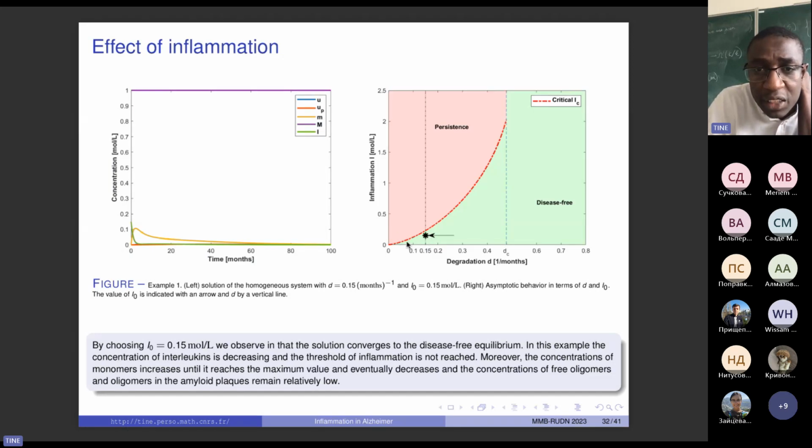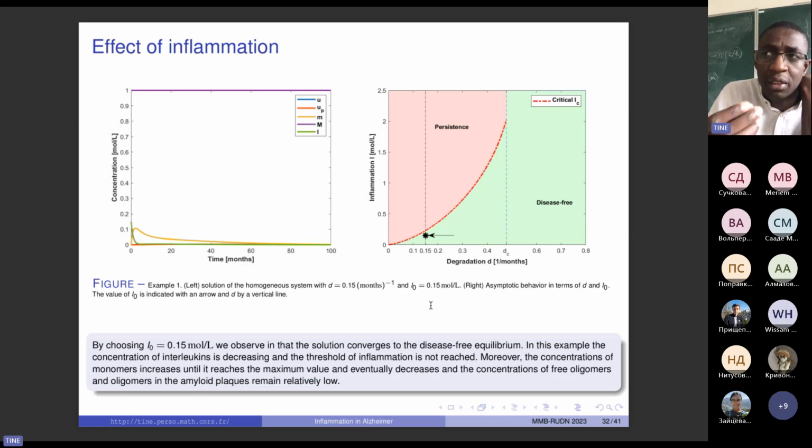If I0 is here, and above this line, we have the persistency of the disease, and below, sorry, we have just the disease-free equilibrium, right?